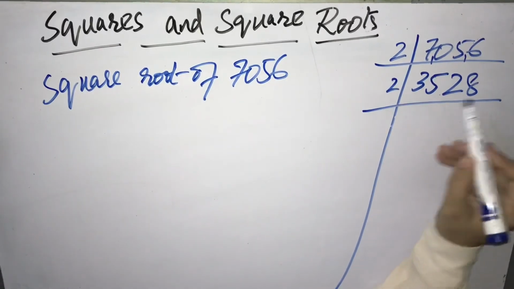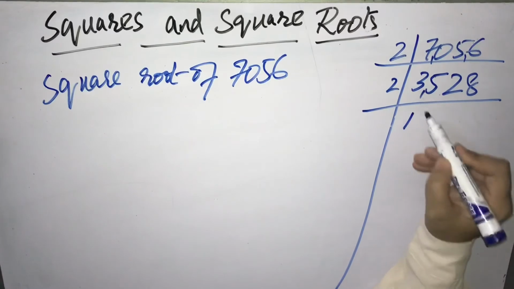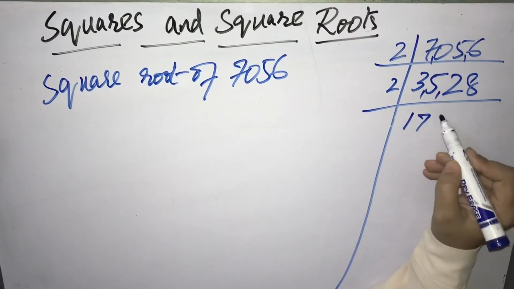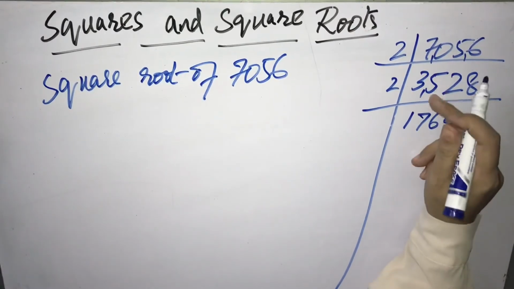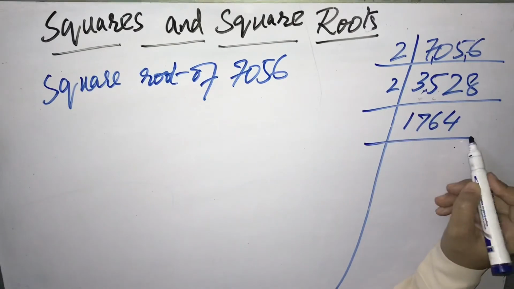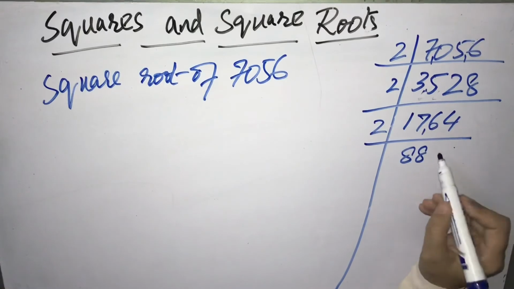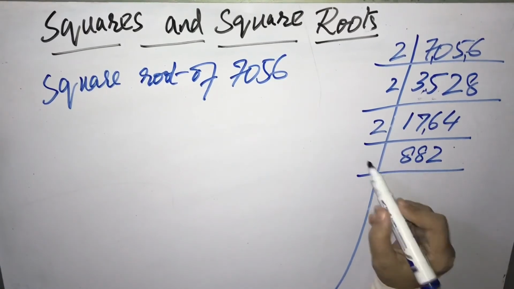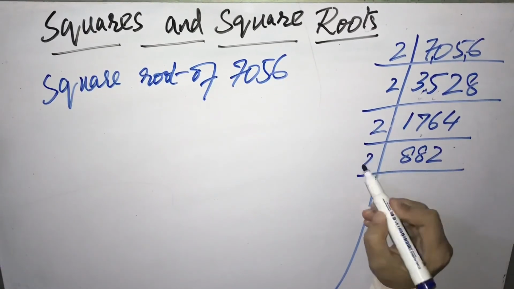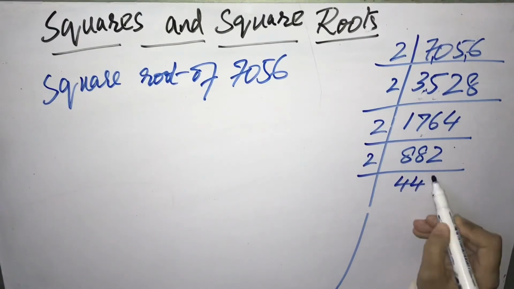Again with 2 as it's even, 2 1s are 2, 2 7s are 14, 2 6s are 12, 2 4s are 8. Again with 2, still even, 2 8s are 16, again 2 8s are 16, 2 2s are 4. We have just done this number before. 2 4s are 8, 2 4s are 8, 2 1s are 2.